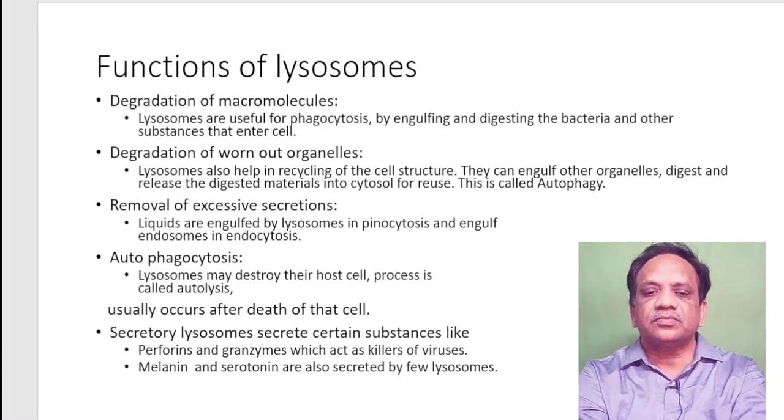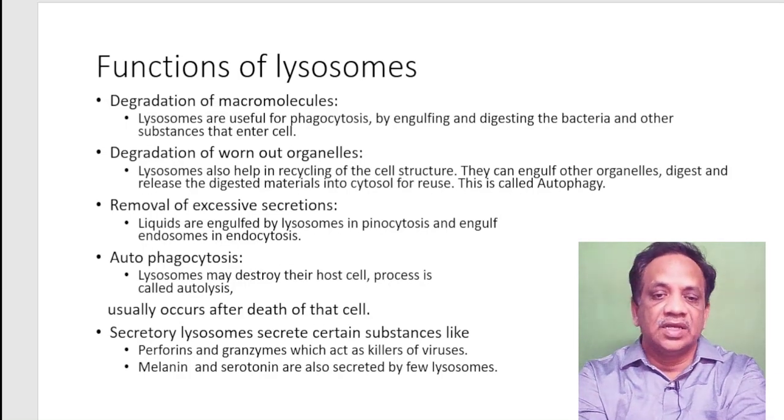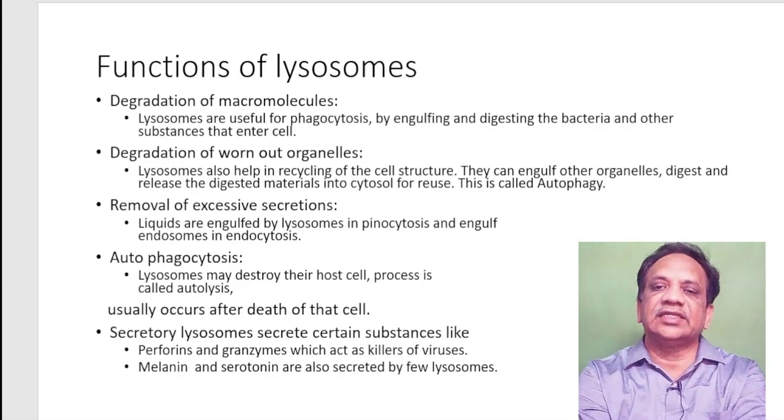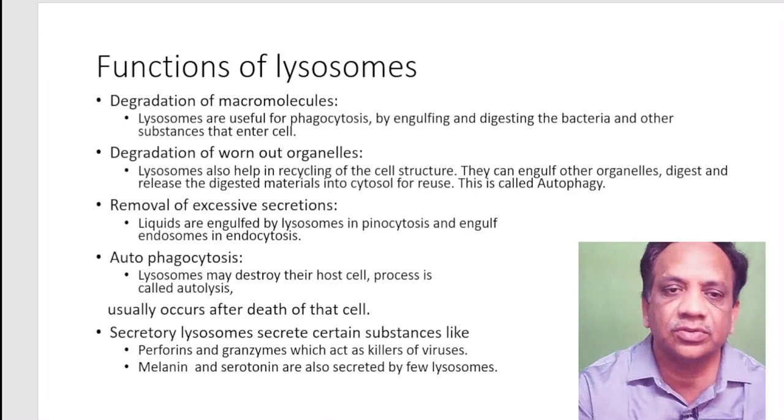Autophagocytosis: the lysosomes may destroy their host cell. The process is called autolysis, and usually occurs after death of that cell. Secretory lysosomes secrete certain substances like perforins and granzymes, which act as killers of viruses. Melanin and serotonin are also secreted by a few lysosomes.